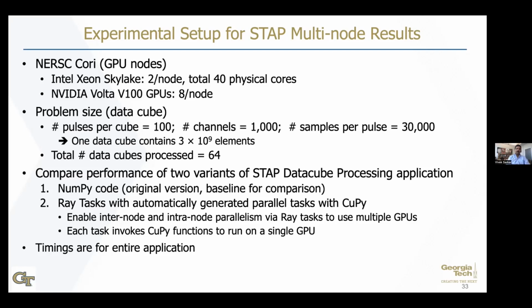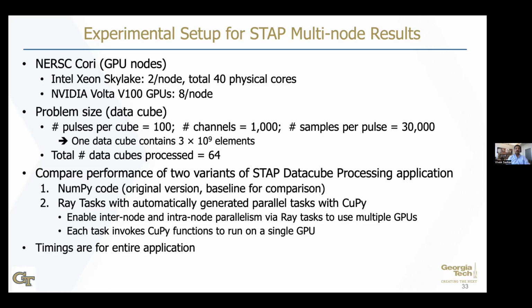In this evaluation, we're just going to measure the time for processing 64 data cubes. What we're going to compare is the original NumPy code as a baseline, and then the performance of the code that we generated, taking the original NumPy code as input, but with the compiler automatically generating Ray tasks.